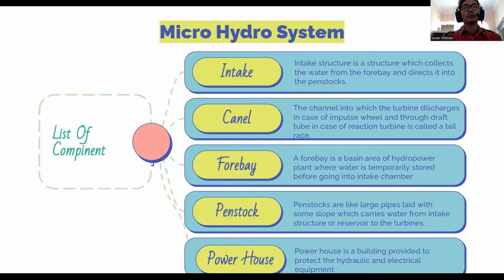Lastly is the powerhouse. The powerhouse is a building provided to protect the hydraulic and electrical equipment. Generally, the whole equipment is supported by the foundation of all structures laid for the powerhouse.